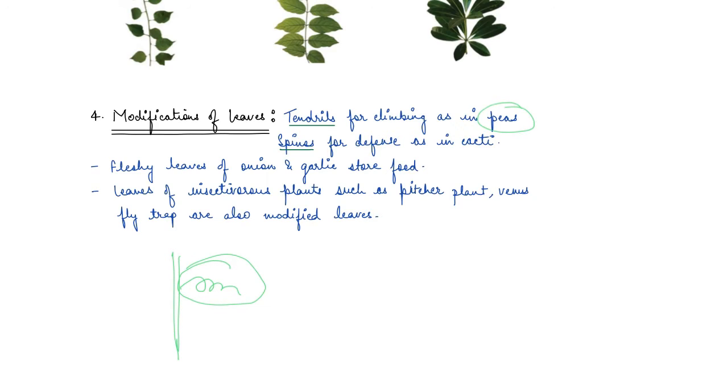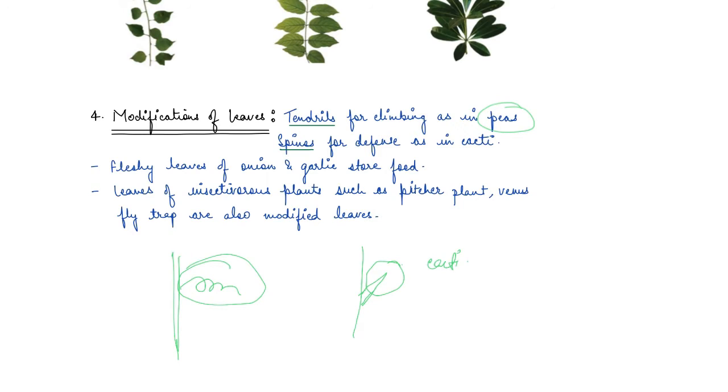They also form spines and thorns for defense, as we saw in stems. An example is the cactus plant.